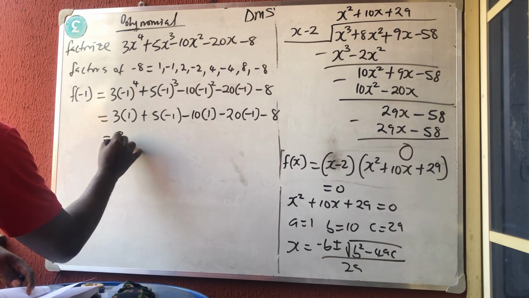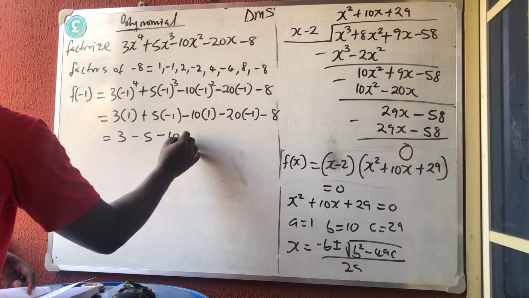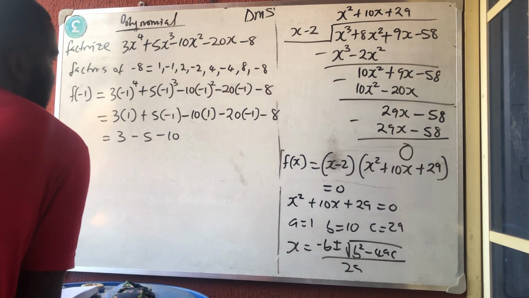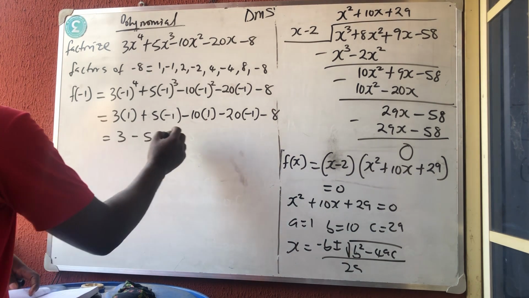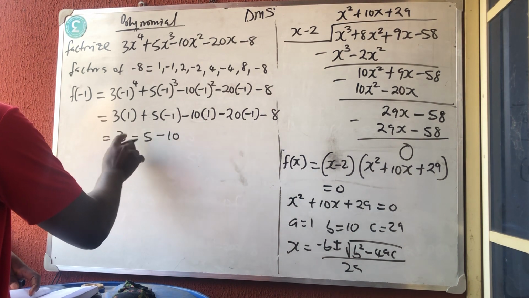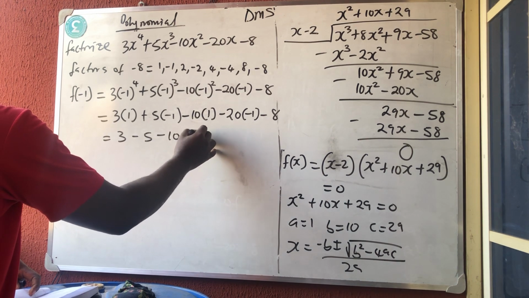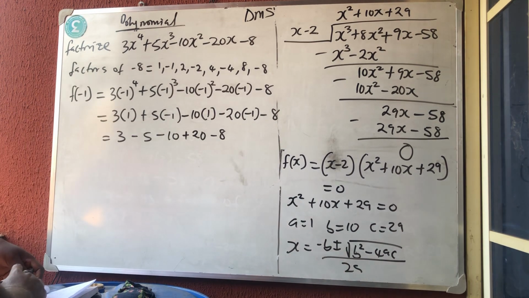Which is 3 minus 5 minus 10. Am I getting 0? I don't think it's going to give me 0. Okay, this is minus 5 minus 10 minus 20, plus 20, minus 8. So let's check.